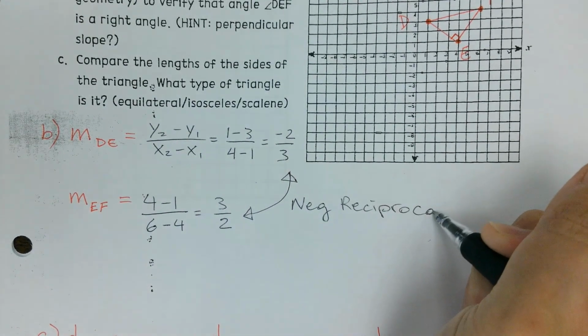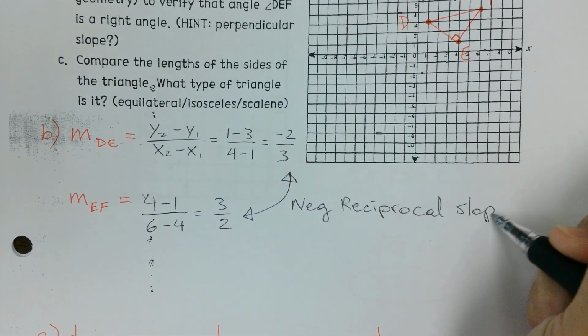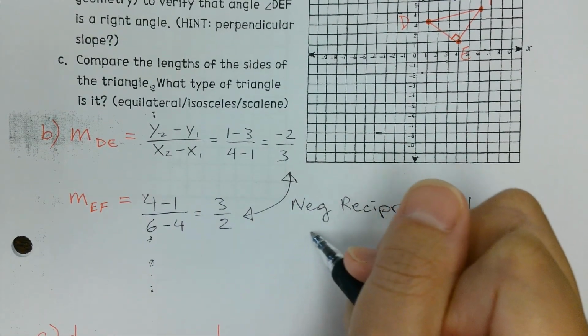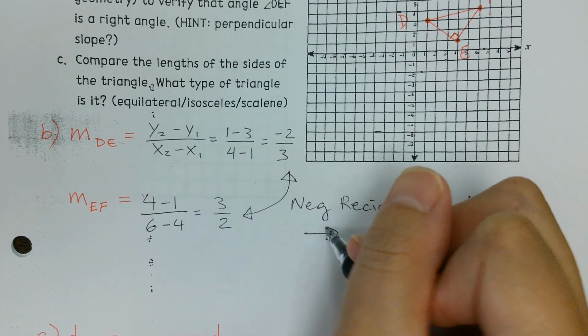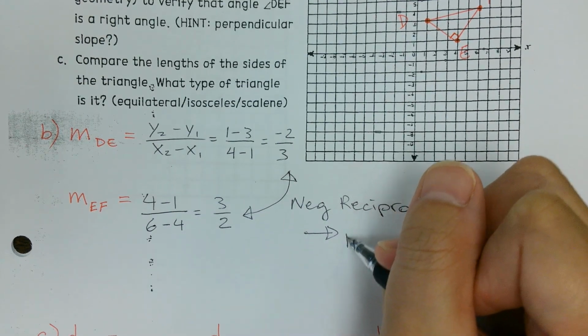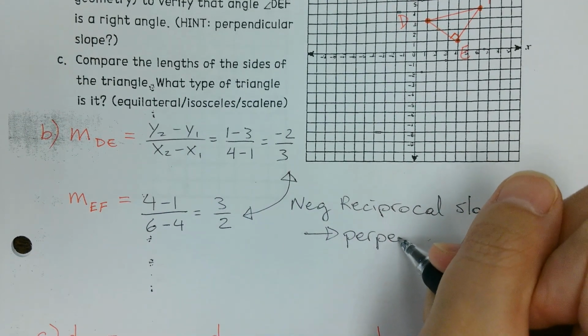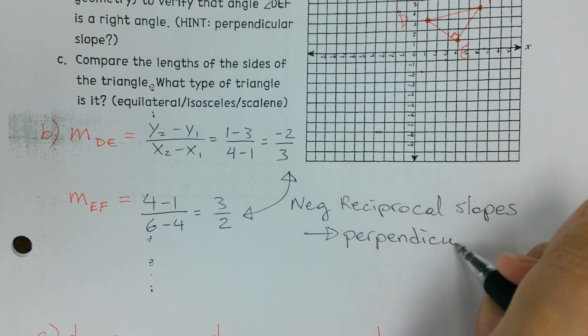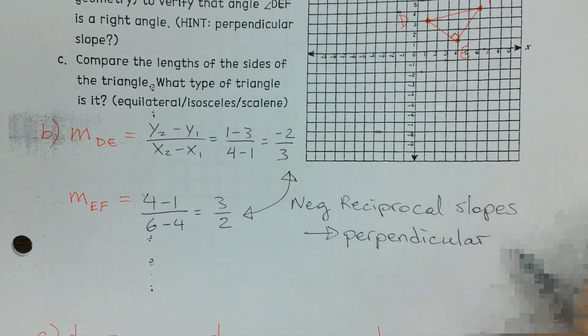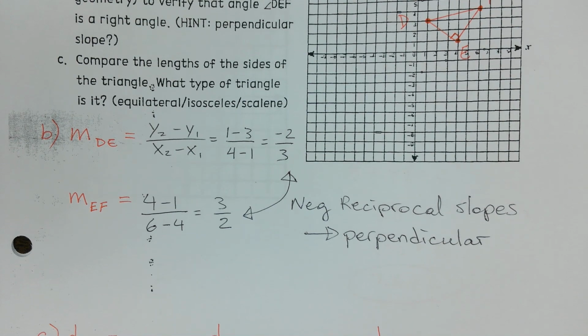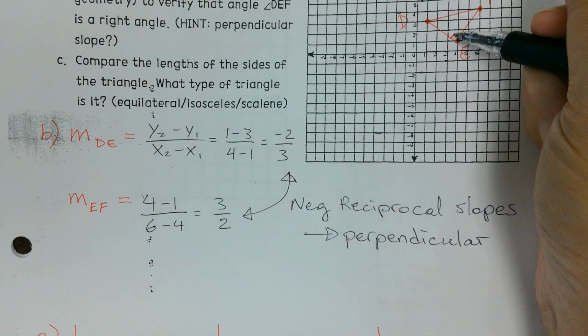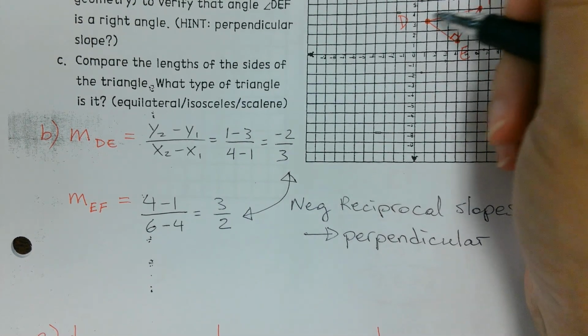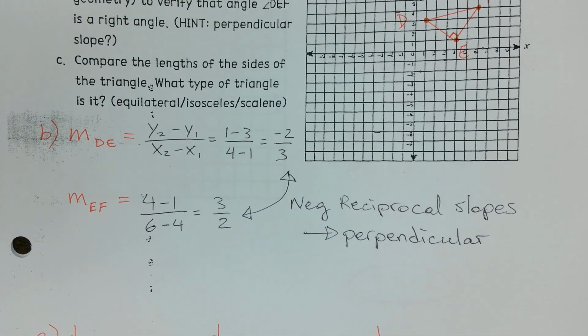They are negative reciprocal slopes, which means they are perpendicular, which means it is a right angle triangle. Okay. So that verifies that this is a 90-degree right angle triangle.